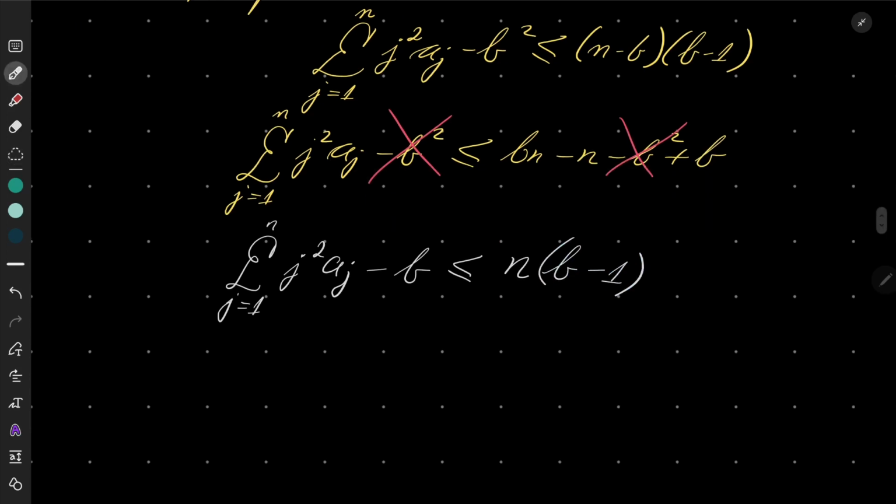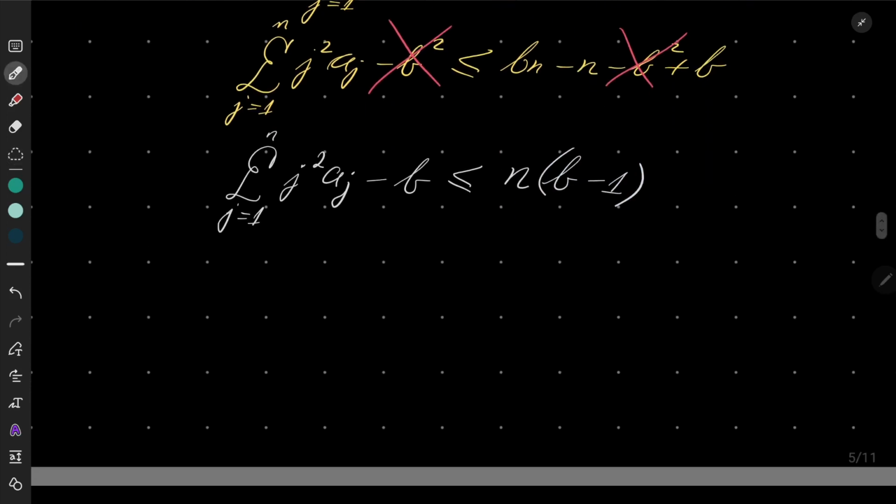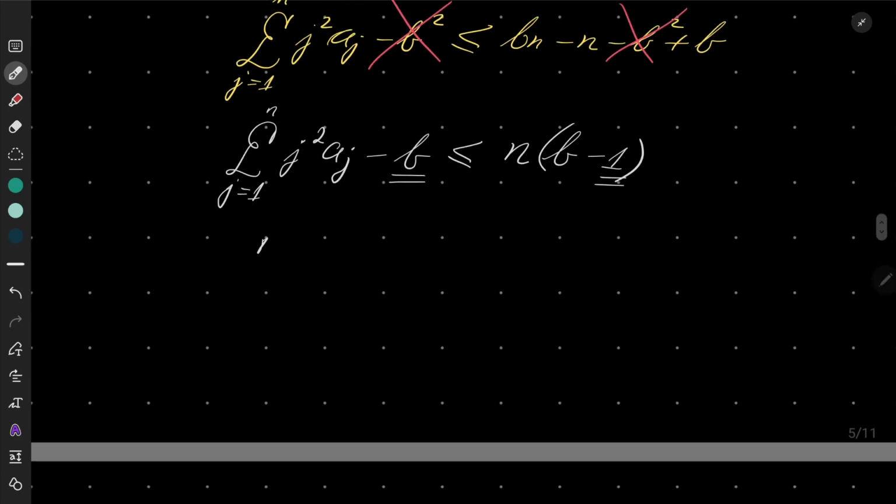Okay, we wish to prove that. And now let's do a step backwards, namely, I will change b back to its form with the sum, and 1 I will also express as a sum.